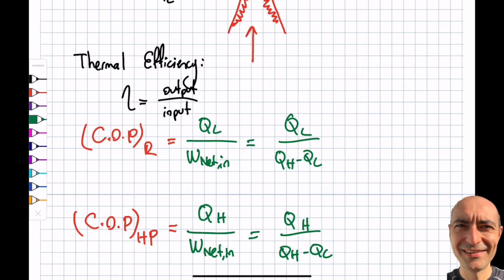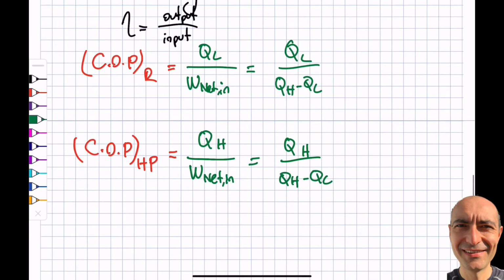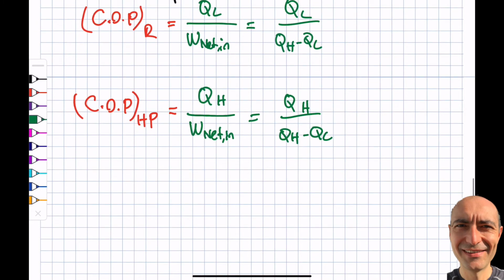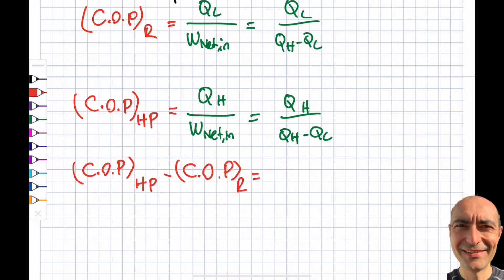And I can make a relationship between those two. You can see this way. If I write COP of HP minus COP of refrigerator, let's look at the right hand side. It's going to be QH over (QH minus QL) minus QL over (QH minus QL).